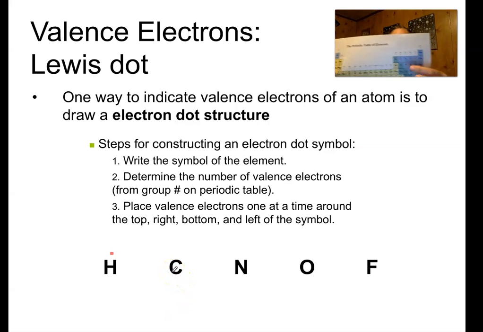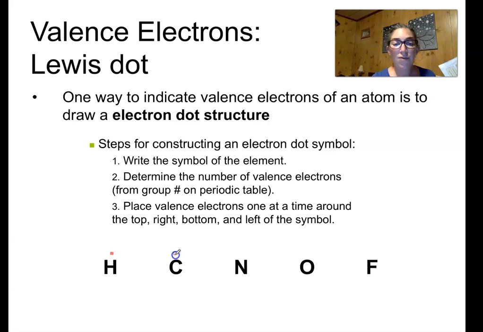Carbon, skip across, is over here in group 4 on the periodic table. It has 4 valence electrons, so I'm going to draw these 4 valence electrons. And it's standard to sort of draw them in the cardinal directions, north, east, south, west, and draw them singly first.